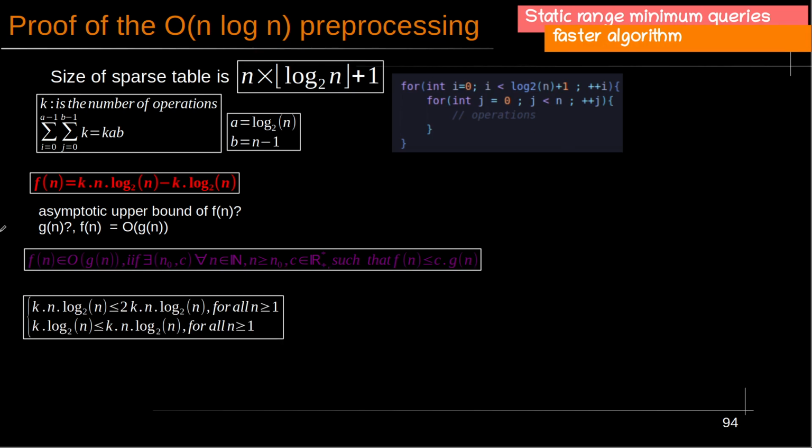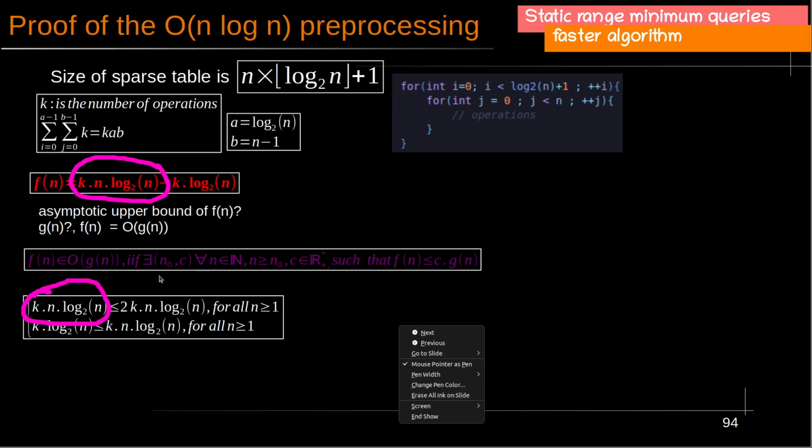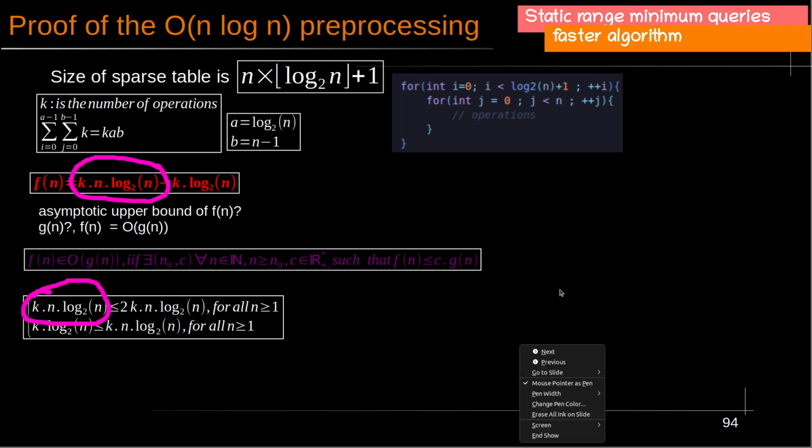This is easy to compute for this function. Now for this fn, we take the first part here, and of course we know that the first part, k times n log base 2 of n, is always greater or equal than 2k times n log base 2 of n for all n greater or equal to 1. It's obvious here, as you see. This makes sense. Okay.